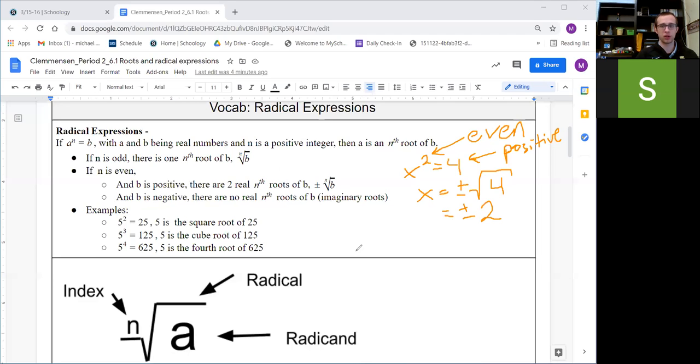This one is also something we've gone over before, something like x squared equals -9, where we have, again, an even number, and then a negative.